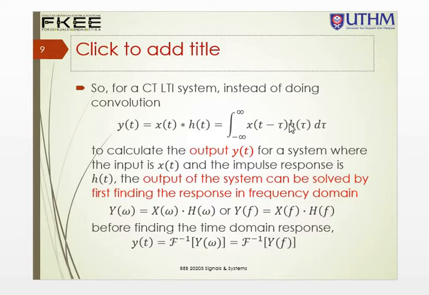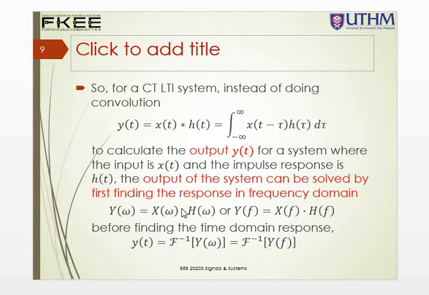Instead of doing convolution, the output of the system can be solved by first finding the response in the frequency domain. That is just what I told you. So the response means X(omega); everything you transfer to the frequency domain.